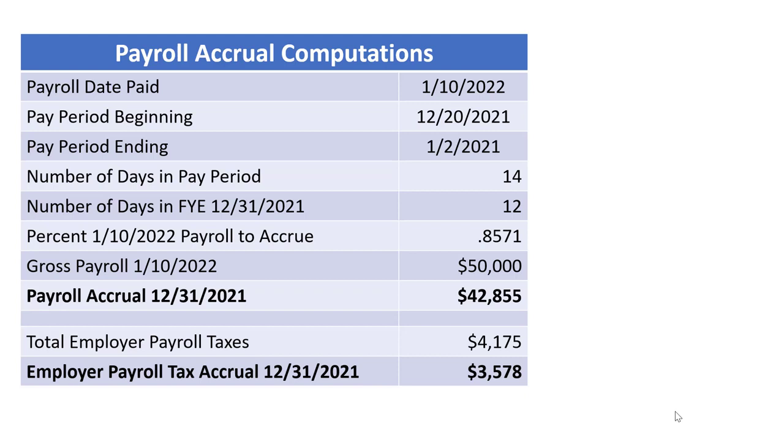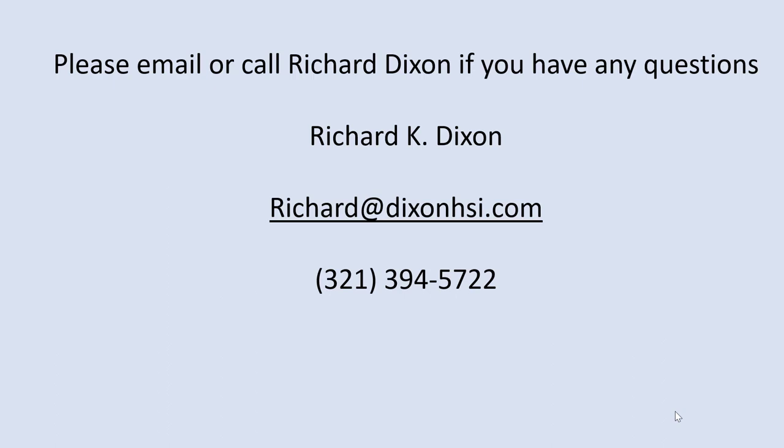The total employer payroll expenses of $4,175 that we determined on the previous page multiplied by 0.8571 gives $3,578. So your accrued payroll is $42,855 and your accrued payroll taxes are $3,578. And that's all you need to do to accrue your payroll.